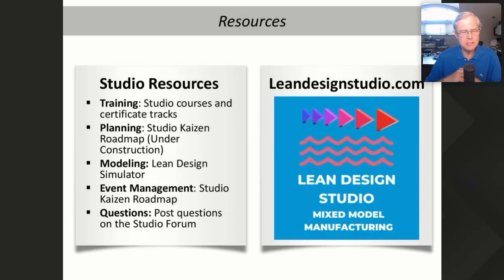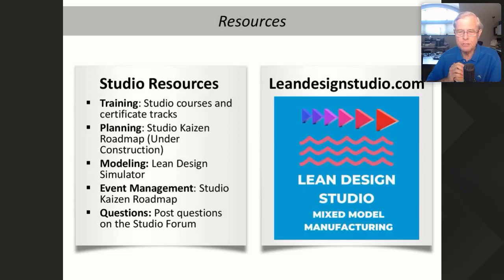Now, modeling, Lean Design Simulator, as I mentioned, we have all kinds of training and examples, but we have the simulation engine as a part of the studio. That means you build the data, you build the model in Excel, you upload it to the engine, it processes that data and then returns to you a results file that gives you resource by resource, station by station, person by person, the percent of time working, percent of time blocked, percent of time waiting, and really lets you drill in, at least in the model, in terms of where your bottlenecks are and where you need to focus your improvement efforts.